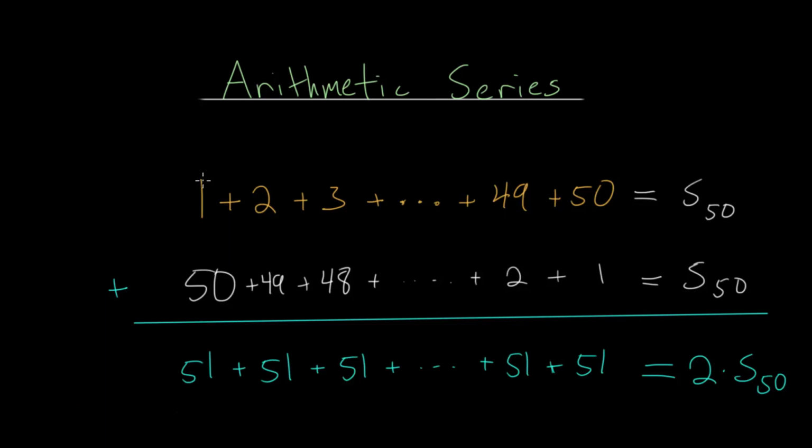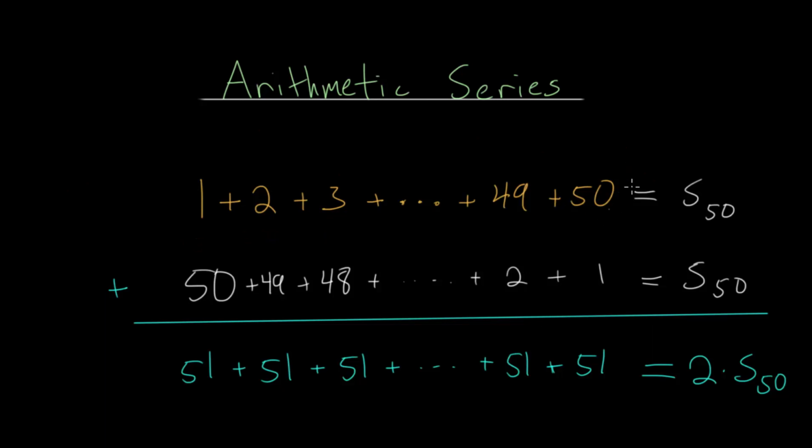So the first and the last, the second and the second to last, the third and the third to last, and so on, all add up to 51. Remember that these are the terms in our series, but they're also the term numbers. This is when n is 1, n is 2, n is 3, and so on. And so there are 50 of these.